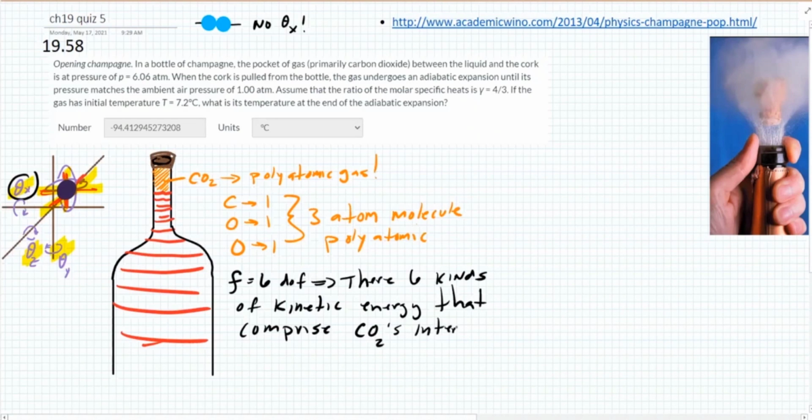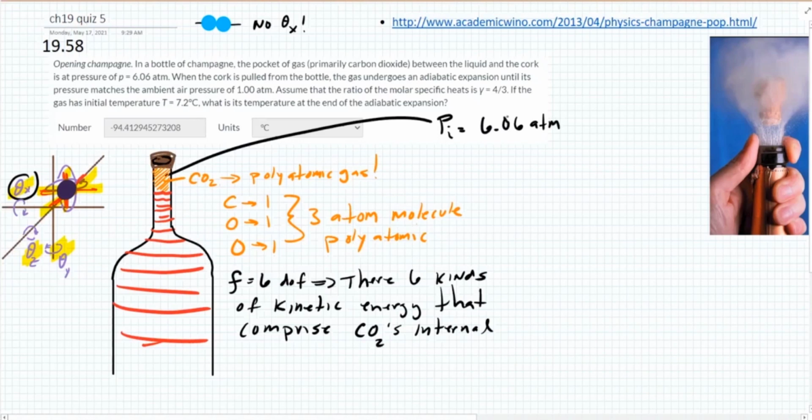Okay, so having said all that, let's keep reading. Before you pop the cork, the pressure is 6 atmospheres, which is pretty big. This pressure, P, I'm going to just say I for initial. The initial pressure, before you pop the cork, is with my numbers 6.06 atmospheres.